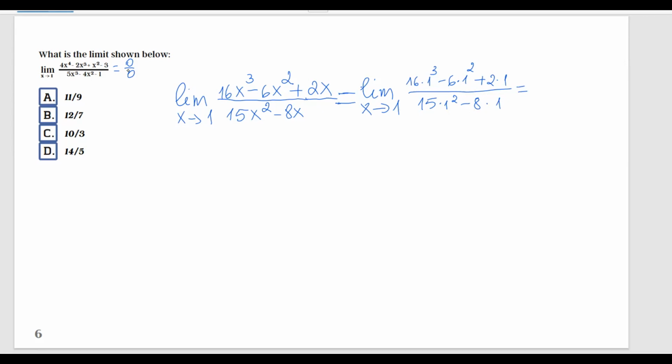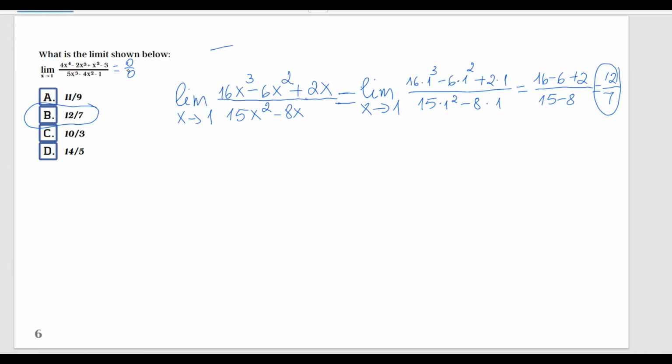And this equals 16 minus 6 plus 2 at the top, and at the bottom we'll have 15 minus 8. And this gives us 16 minus 6 is 10, 10 plus 2 is 12, 12 divided by 7. It seems the correct option is B.